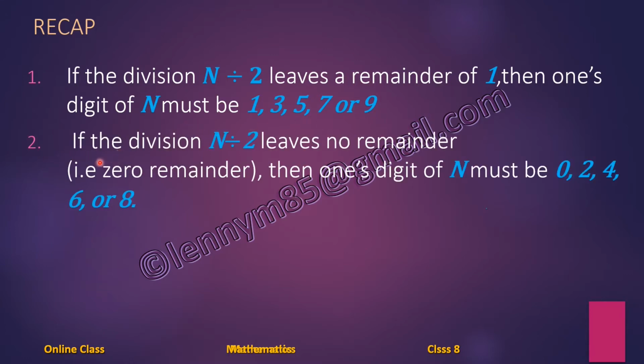Second one, if the division n divided by 2 leaves no remainder, that is 0 remainder, then one's digit of n must be 0, 2, 4, 6 or 8.